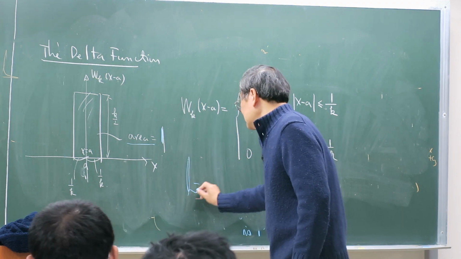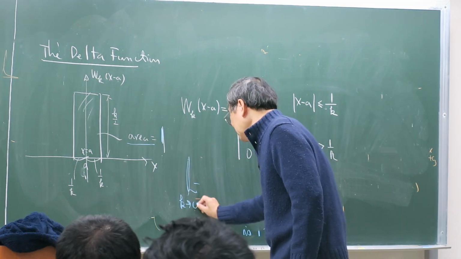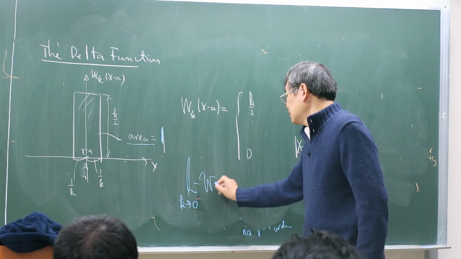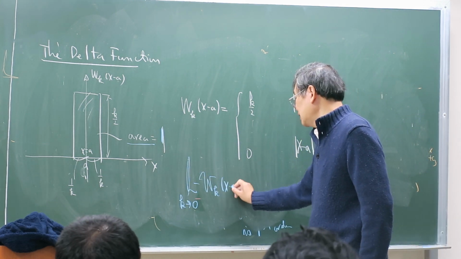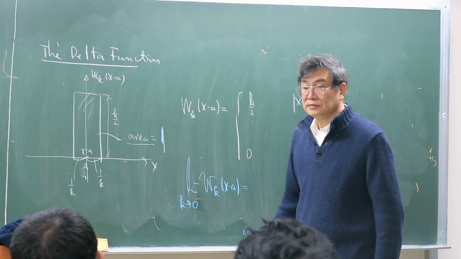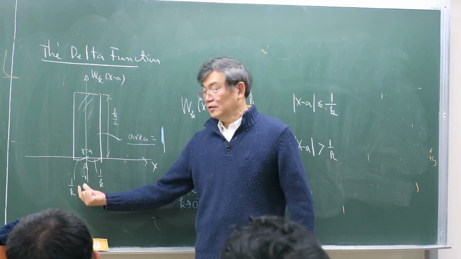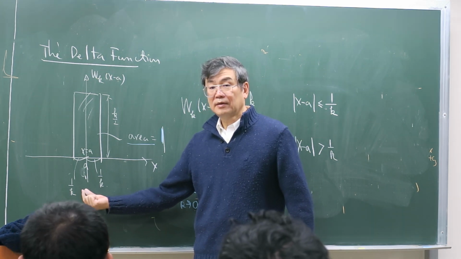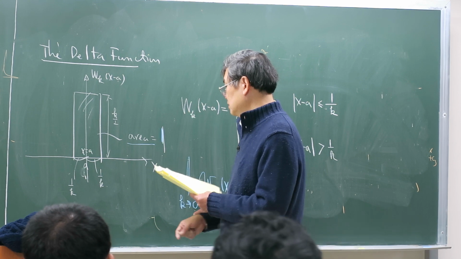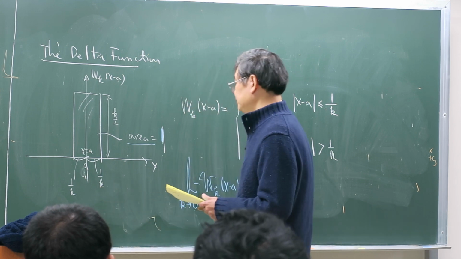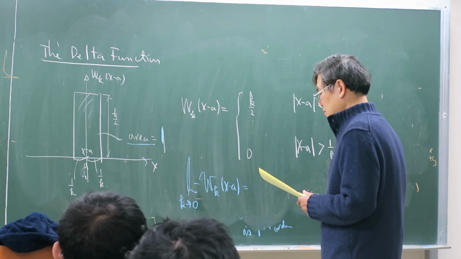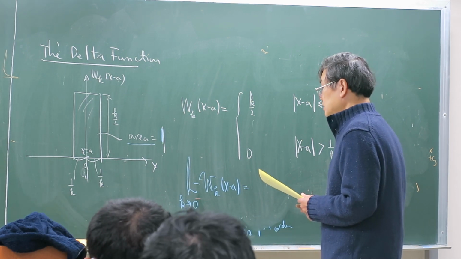So for the limit k approaching 0 of W_k(x minus A) is equal to... no, sorry. It's not right.